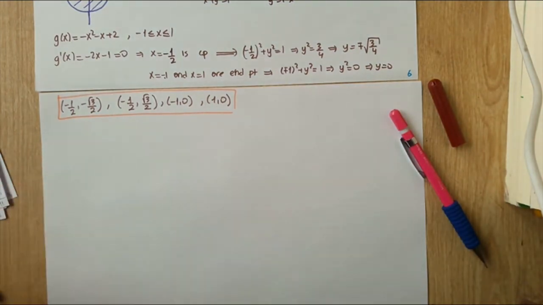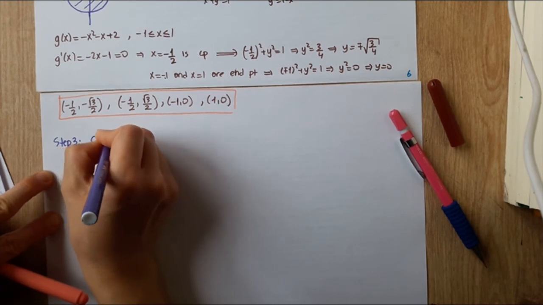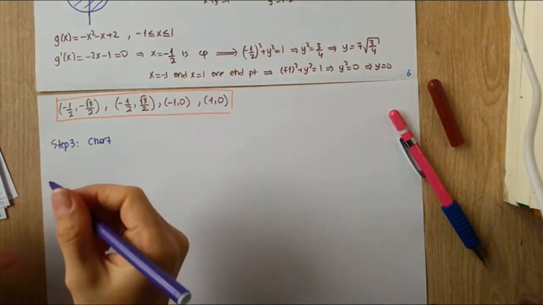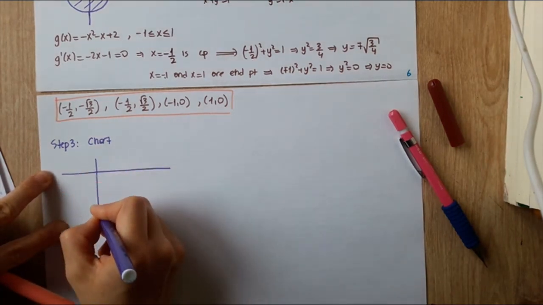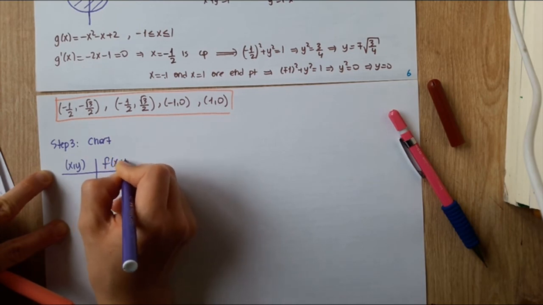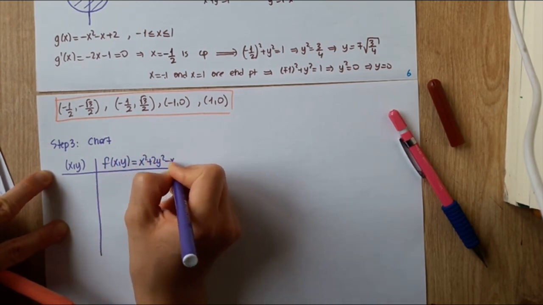So in step 3, I will make a chart here. In this chart, I will add all those points. x, y, and my function is x squared plus 2y squared minus x.